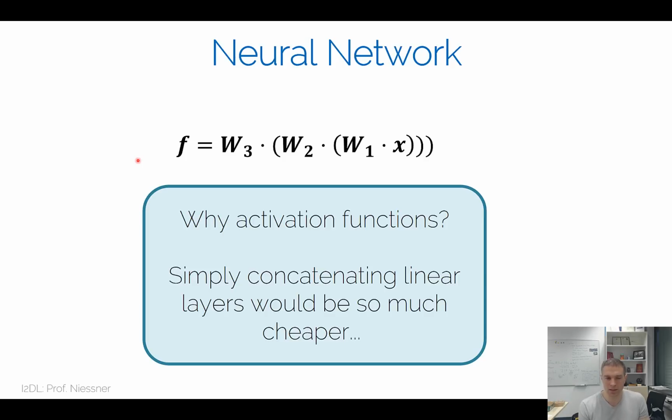And as long as this is another matrix, the model in itself stays linear and you can just summarize them together. This is a very big problem, because then you would still have a linear model, right? But you want to have the nonlinearities, to have nonlinear decision boundaries, to have more complex functions that you can represent with a neural network. And this is the whole reason why we need these activations, why we need these nonlinearities.